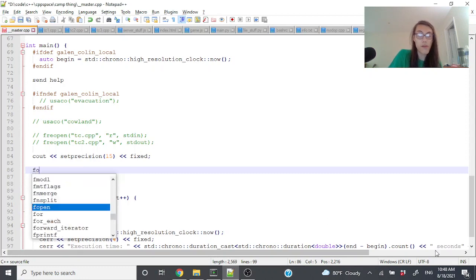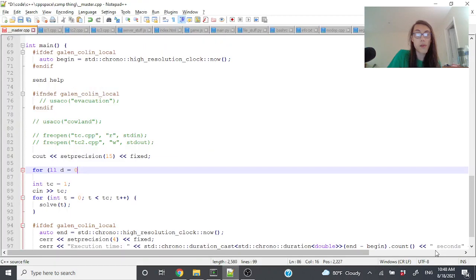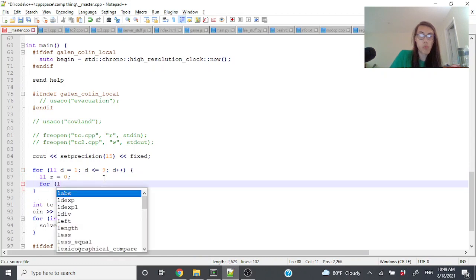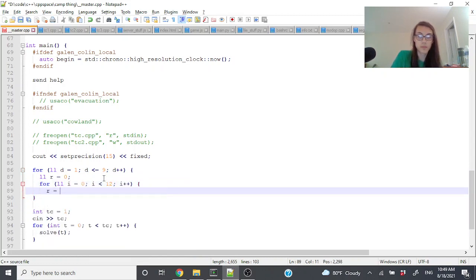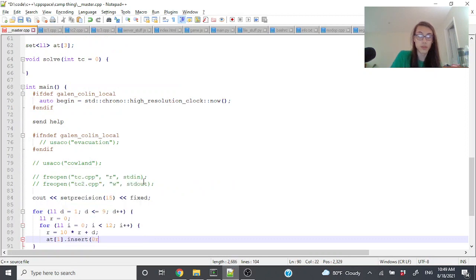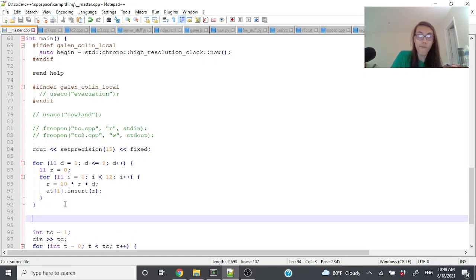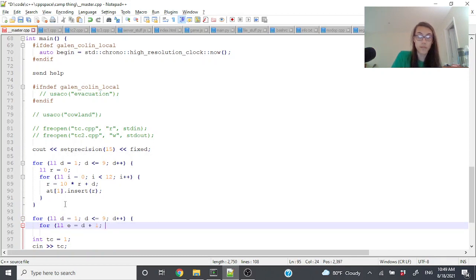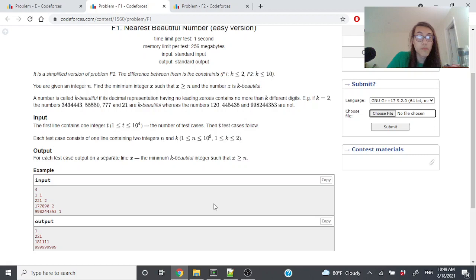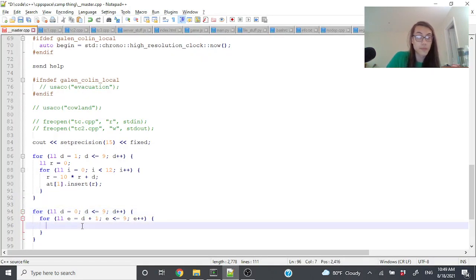Okay, so d is less than 9, d plus plus. r is equal to 0. 1 dot insert r. So 0. Yeah.